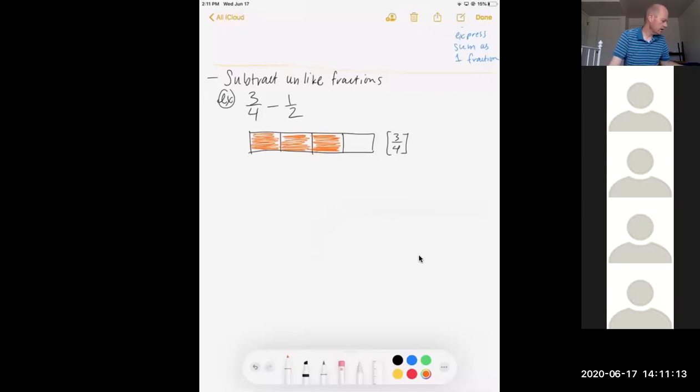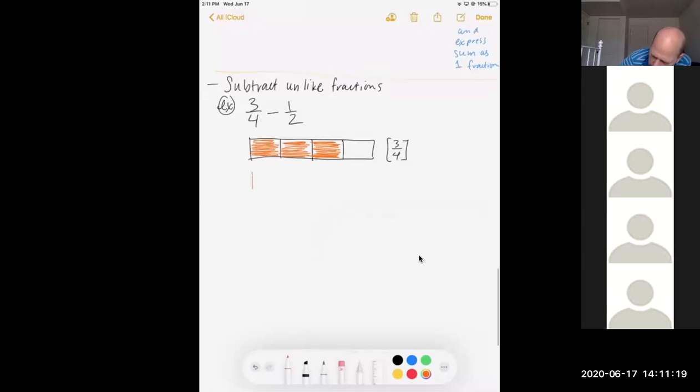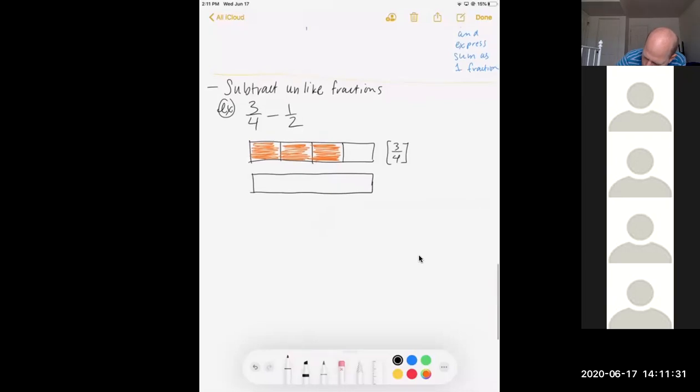And then I need to subtract off the half. Now I'm going to draw half for reference only. Okay, so don't write any subtraction signs, anything like that. We want to show crossing out.